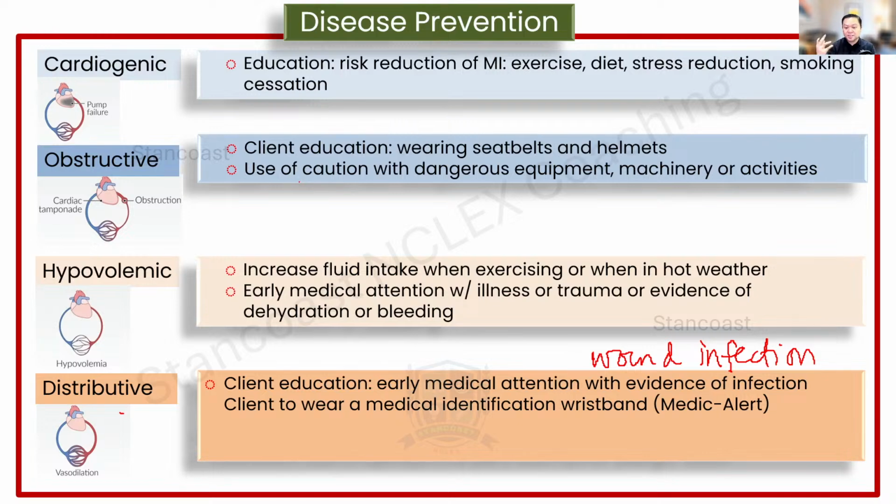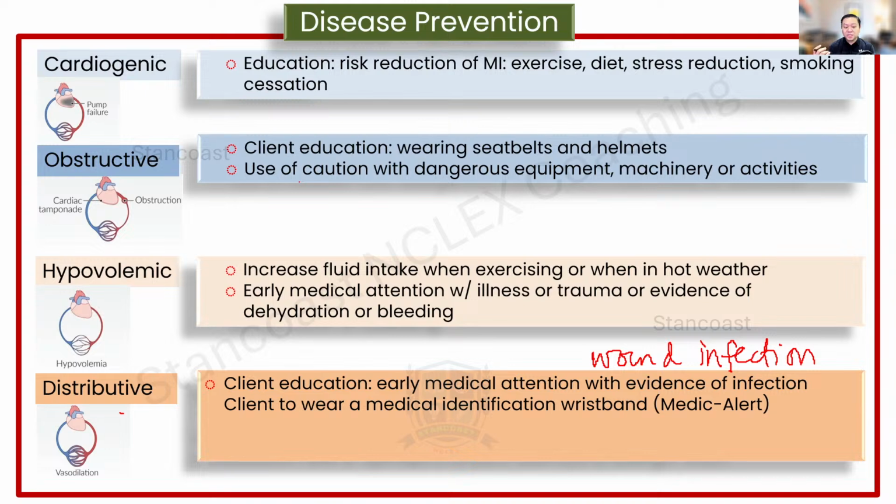If there is localized redness, swelling, if there is drainage, or let's say if they have a dialysis catheter, or maybe they have a peritoneal catheter, we're going to teach them what to report if there is abnormal drainage, pus coming out from those insertion sites. Maybe they're going to manifest fever, burning sensation.